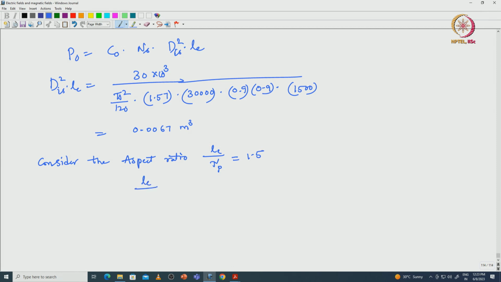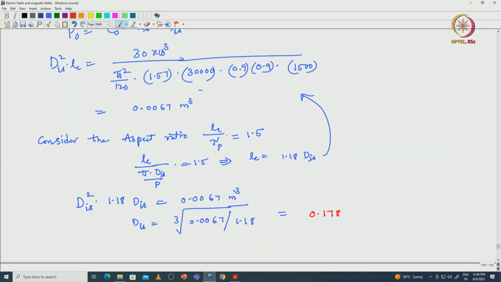So, LE by pi into DIS by poles is equal to 1.5, that implies LE equals 1.18 into the inner diameter of the stator. So, substitute this value in the above equation, then DIS square into 1.18 into DIS is equal to 0.0067 meter cube.